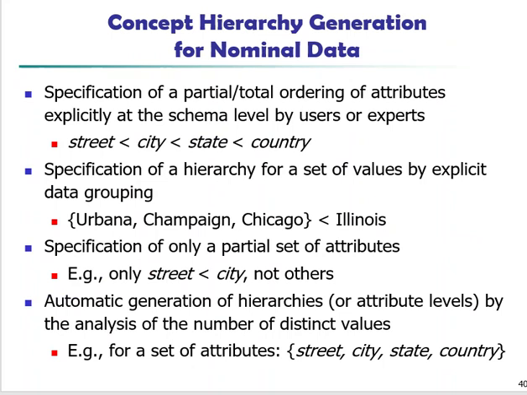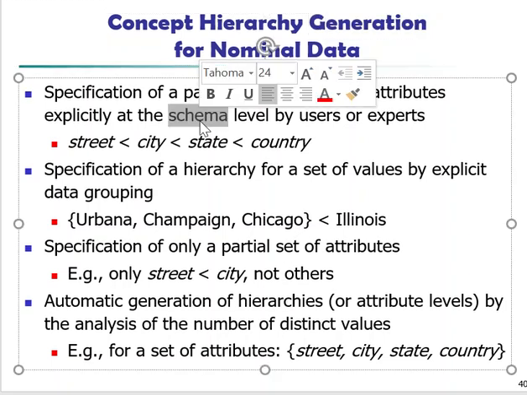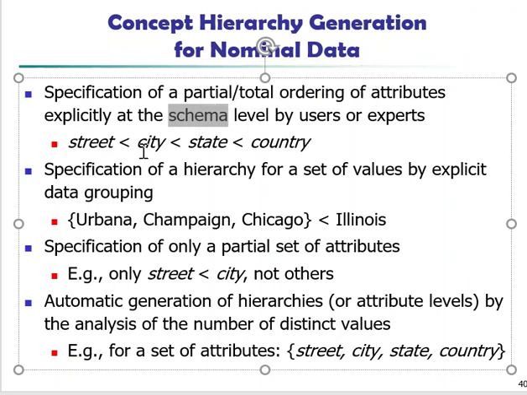So from nominal data, we can generate concept hierarchies. One example is to specify, well, I think I should not call it generate, because sometimes it is generated, some other times it's given. In this case, we all know that street is a narrower concept than city.